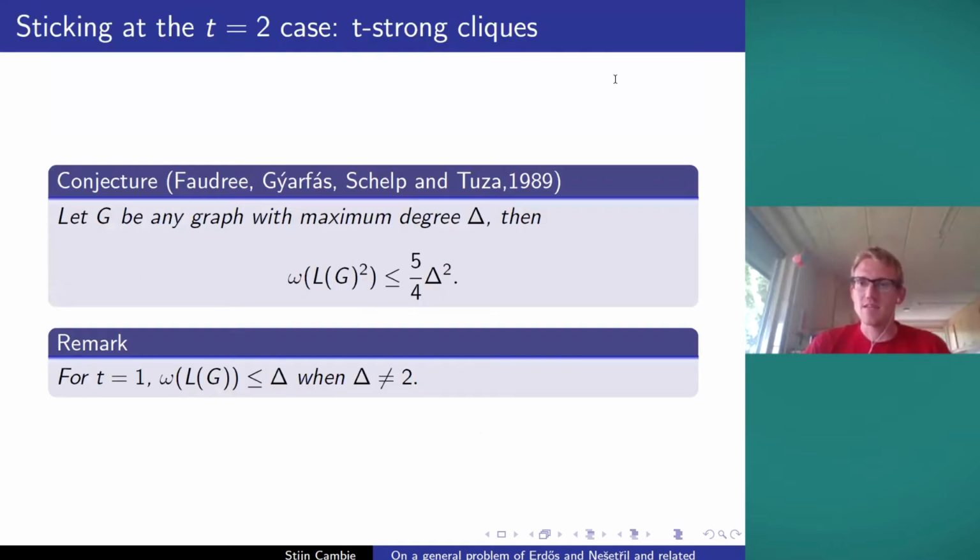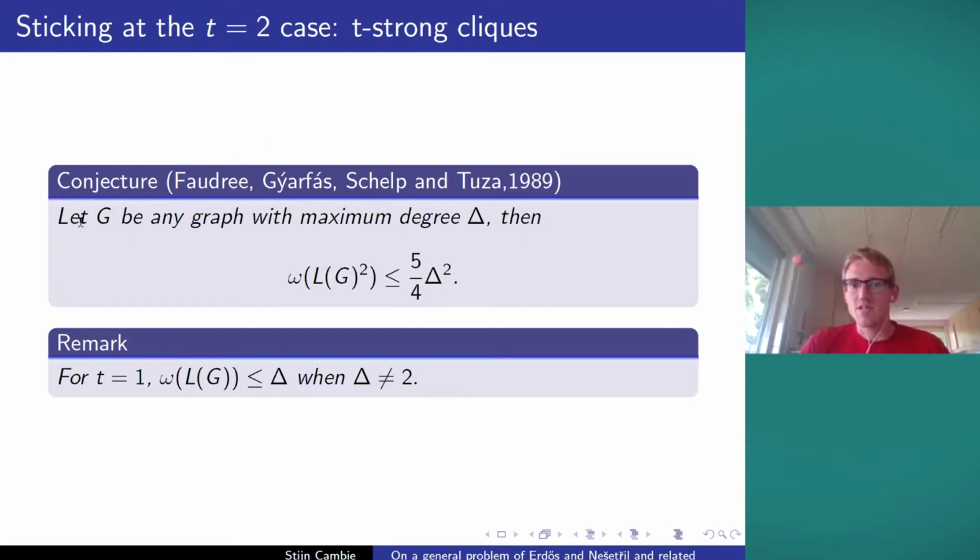And in that case, we are looking at strong cliques in the graph. And Faudree, Gyárfás, Schelp, and Tuza conjectured that the extremal number for this strong clique bound would be the same, and so the blown up C5s would be extremal again.